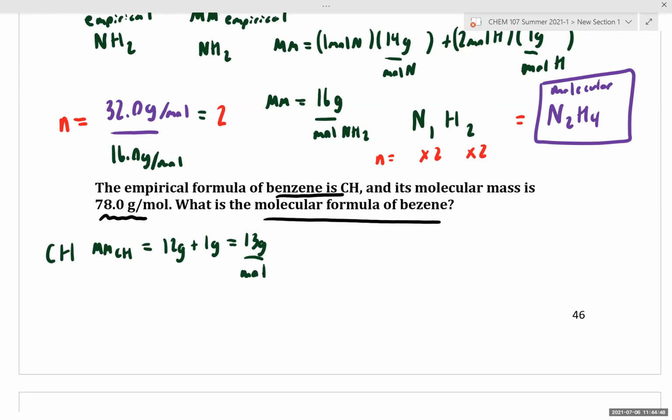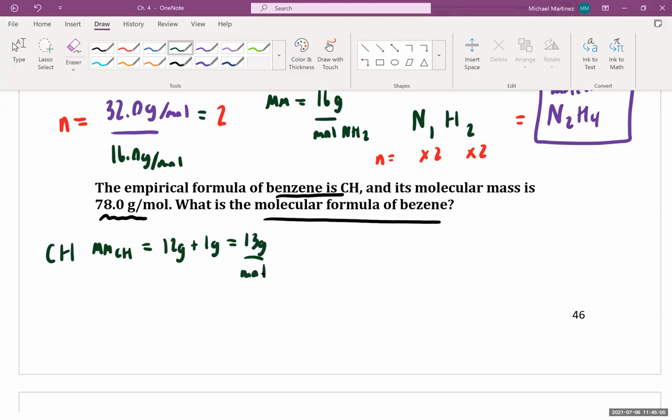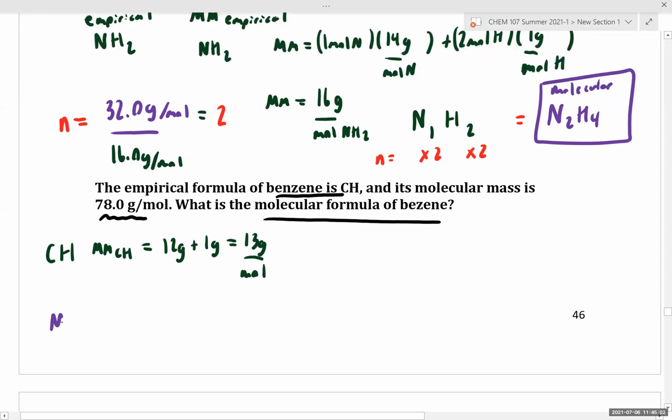Would anyone like to share their thoughts on how many empirical formula units we have? What is the value of n, given that we know our molecular weight for benzene is 78.0 grams per mole?